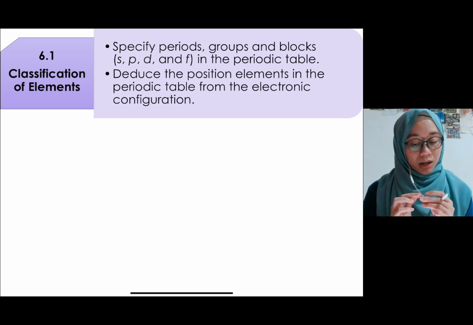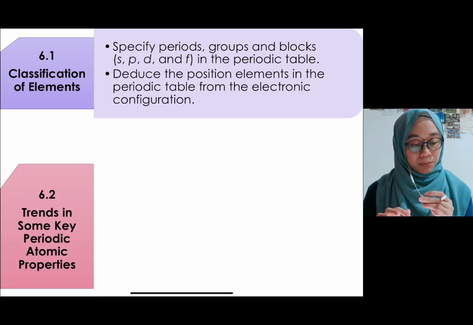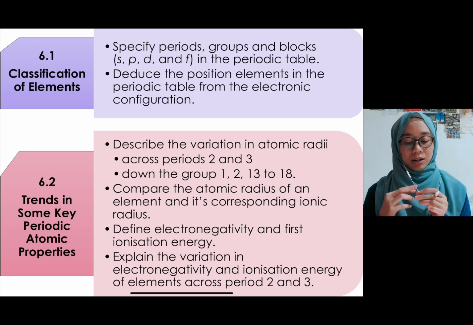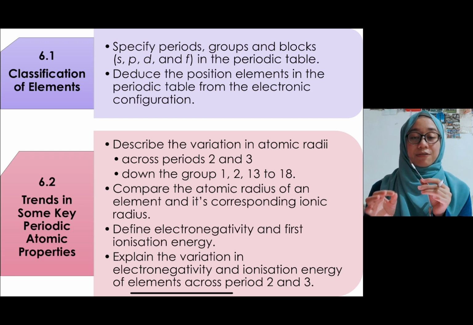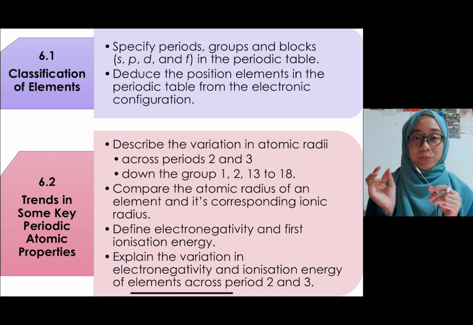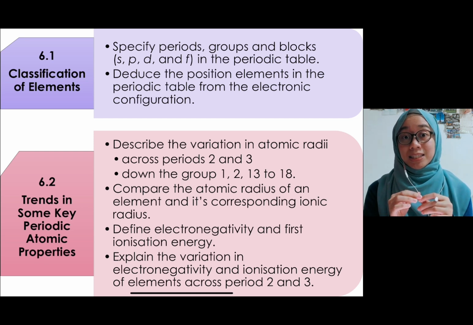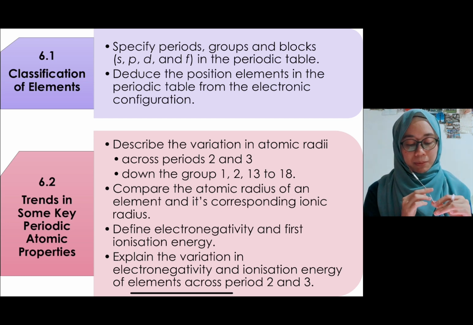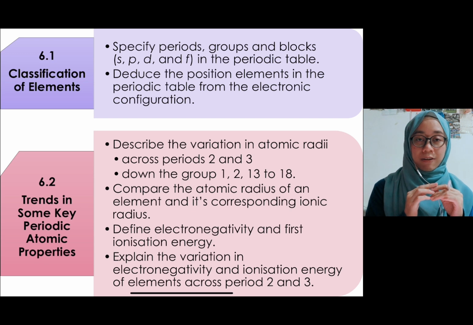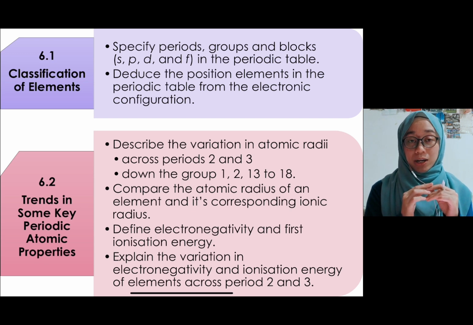Okay, and then on to the periodicity subtopic. So this one has a bit more. The first one is to describe the variation in atomic radii across the periods and also down the group. So basically we will be learning on the atomic size in the periodic table, and then we will also be comparing the atomic radius of an element to its corresponding ionic radius.